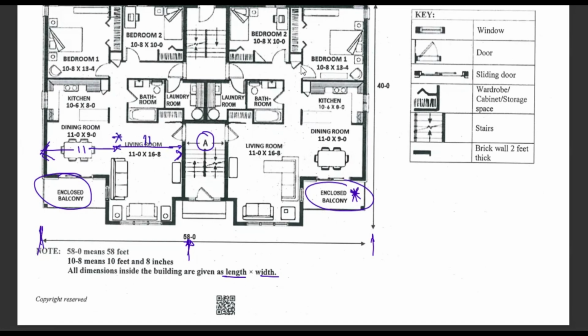Then on this other side, you shall do the same, from here up to there, it's the 11. Then also the dining one, this one here.